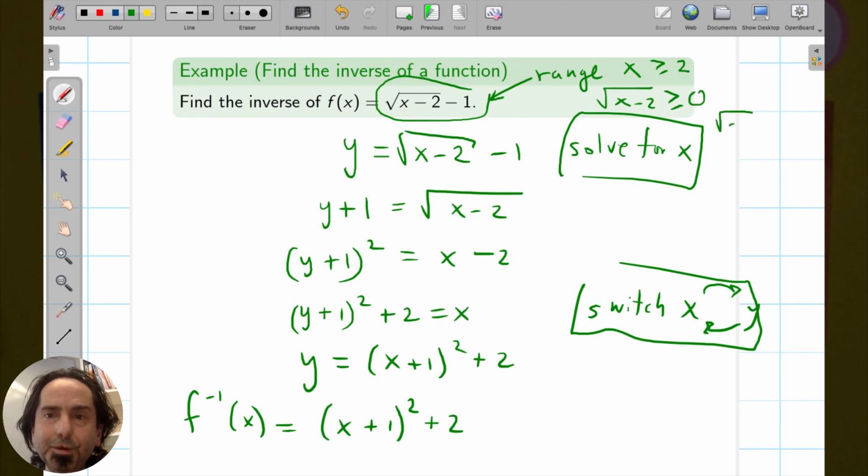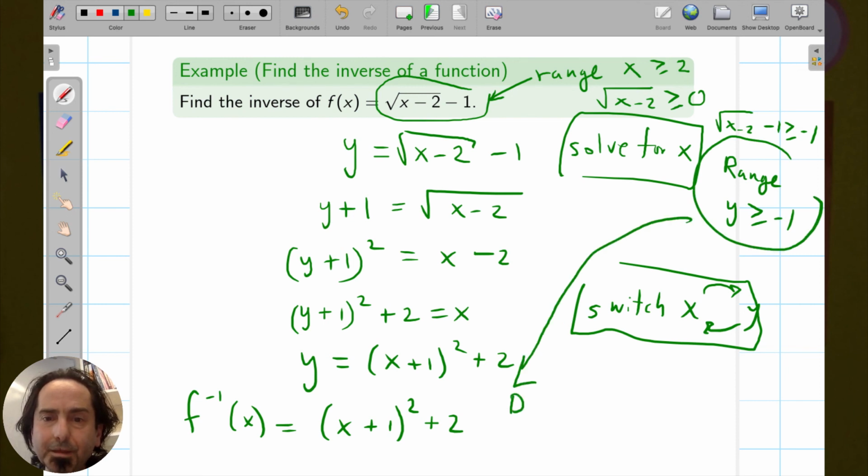And root of x minus 2, minus 1 is going to be bigger than or equal to negative 1. And so the range here is y is bigger than or equal to negative 1. And that means that the domain over here, x, has to be bigger than or equal to negative 1.